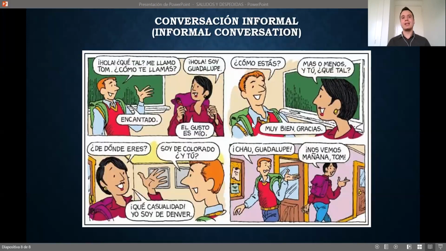Moving on, now let's compare it to this informal conversation. Hola, ¿qué tal? Me llamo Tom. ¿Cómo te llamas? Hola, soy Guadalupe. Encantado. El gusto es mío. ¿Cómo estás? Más o menos. ¿Y tú? ¿Qué tal?